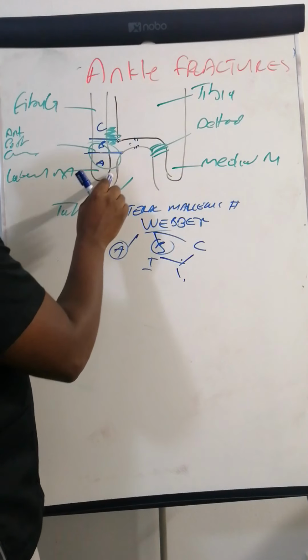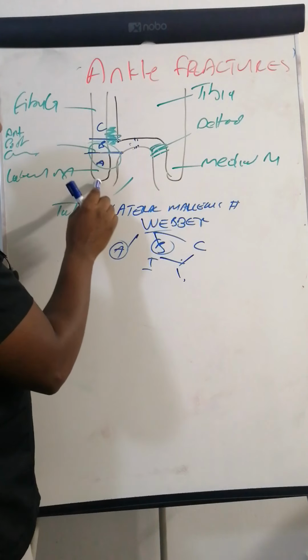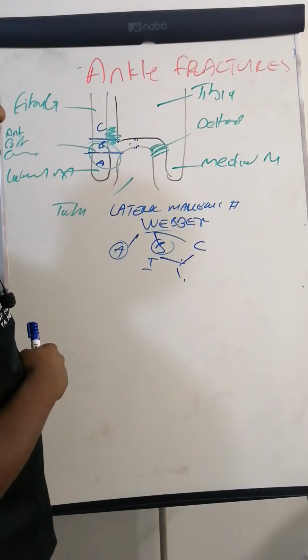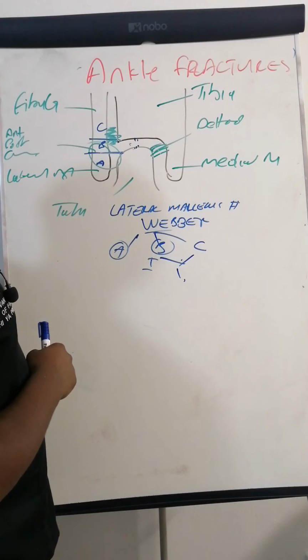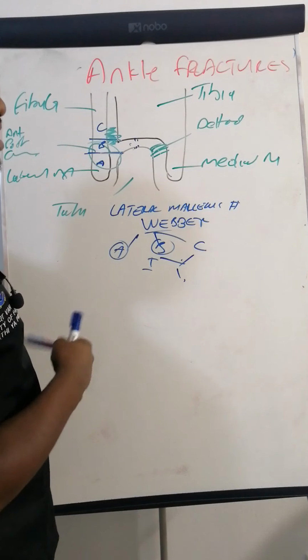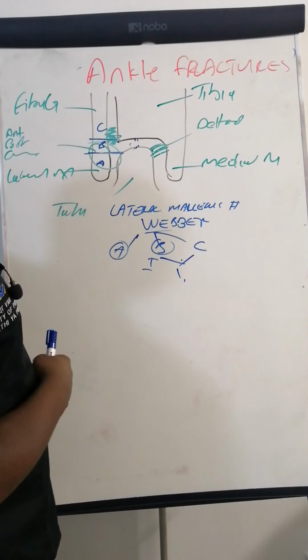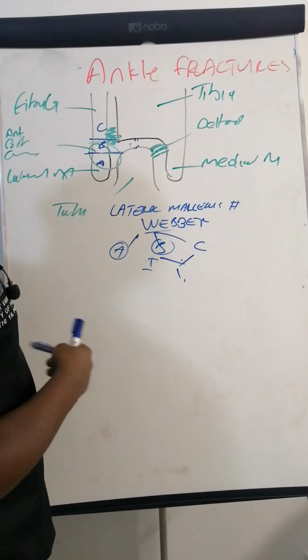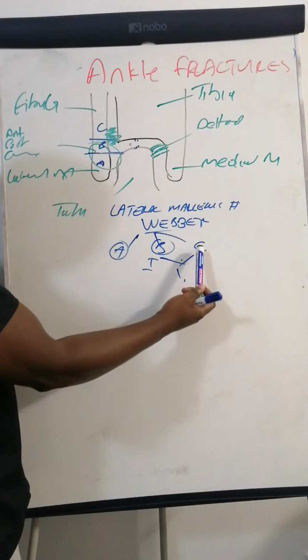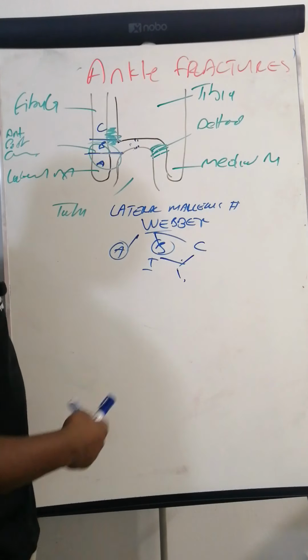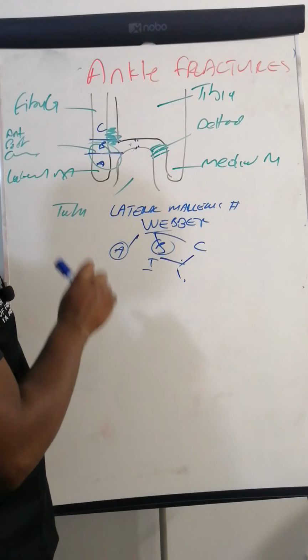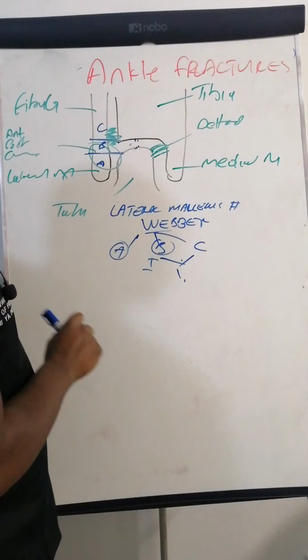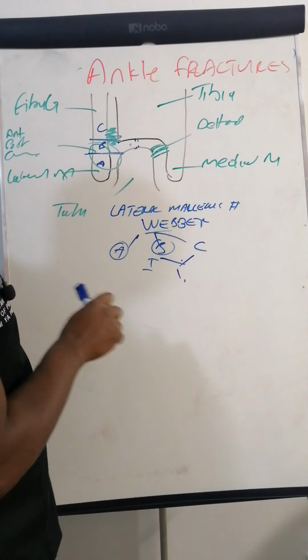The next thing is to look at this space, because remember, you cannot see ligaments on an X-ray. That's why we've got this classification. It helps us. We know that a Weber C has got a syndesmosis injury, but it's not because we picked that up on an X-ray.